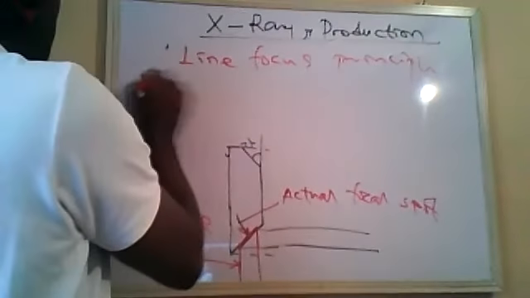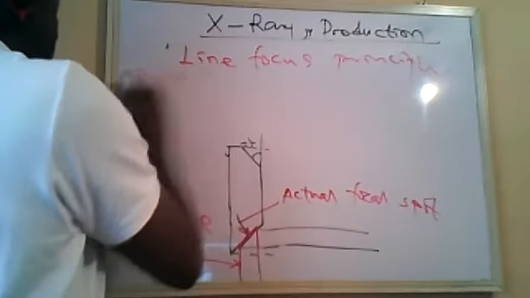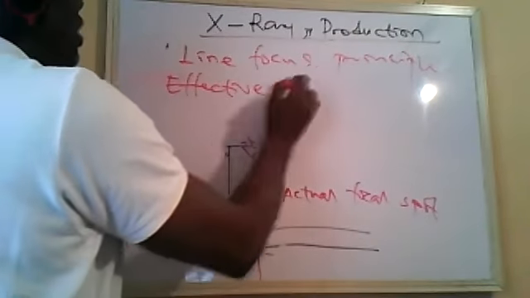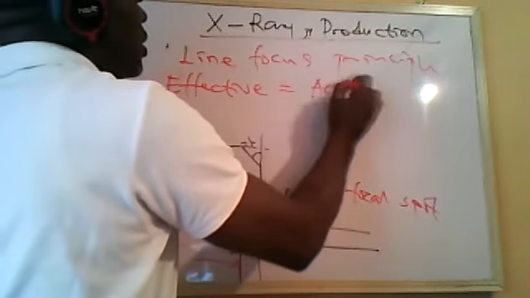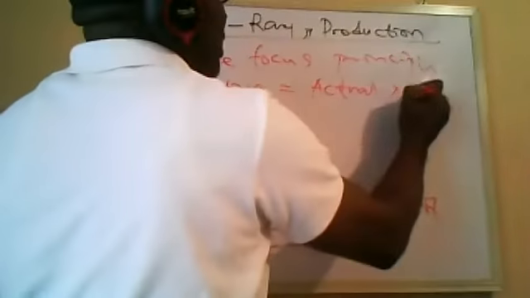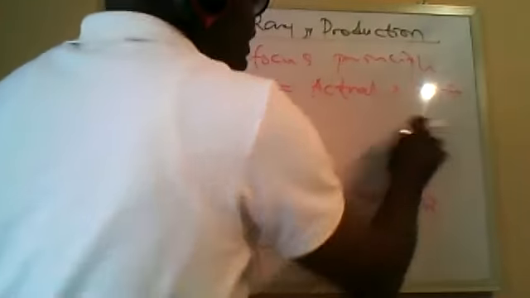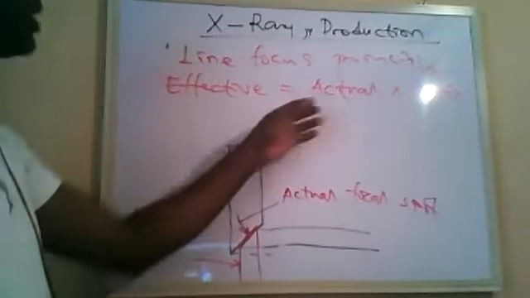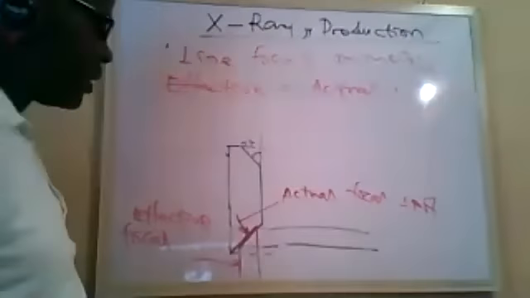Of course, the effective is actually the actual multiplied by sine theta. So the effective focal spot is actually the actual focal spot multiplied by sine theta.